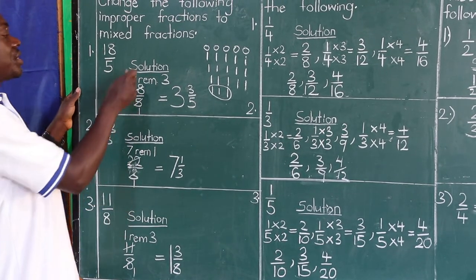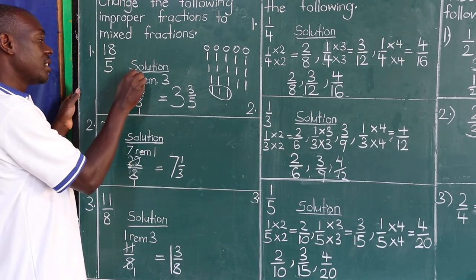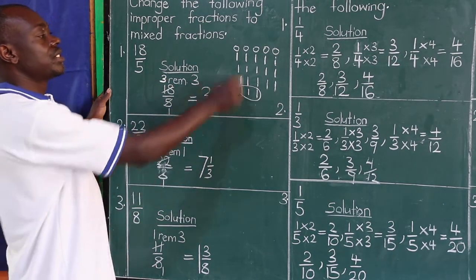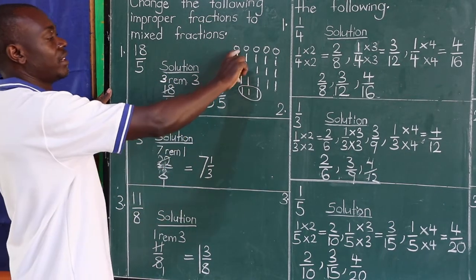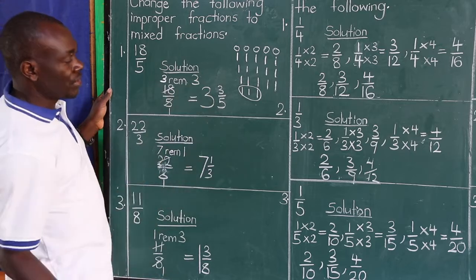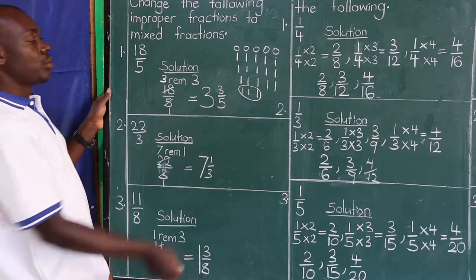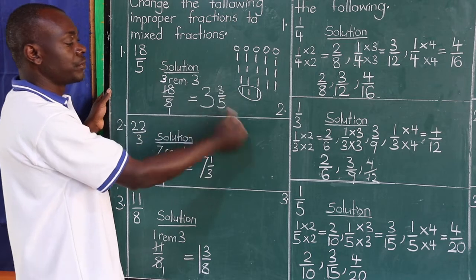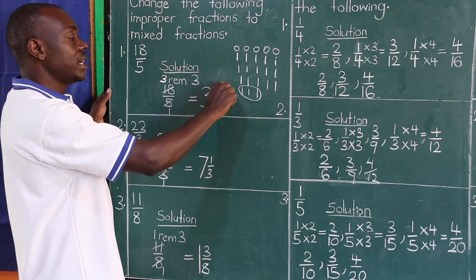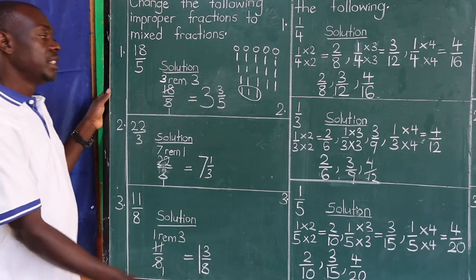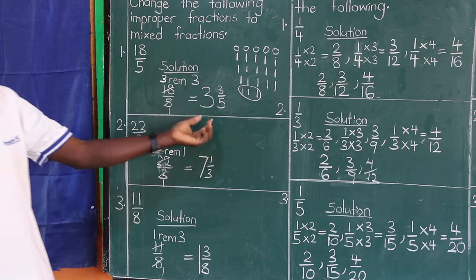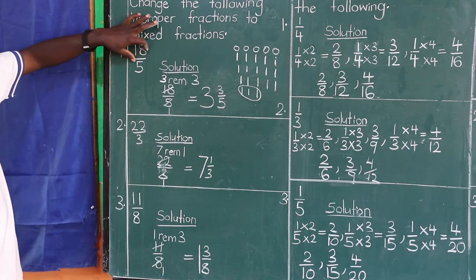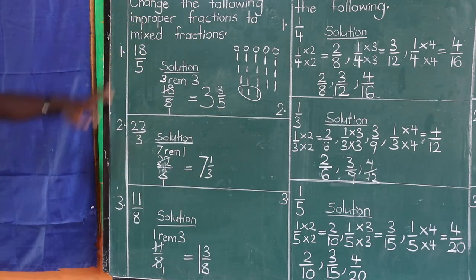So these 3 here, each one makes a whole number. Each gets 3 wholes and 3 remains to be divided by 5. So that's why I've got 3 whole numbers, 3 out of 5. That is the mixed fraction that has come out of the improper fraction 18 out of 5.